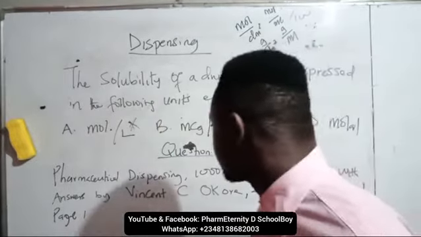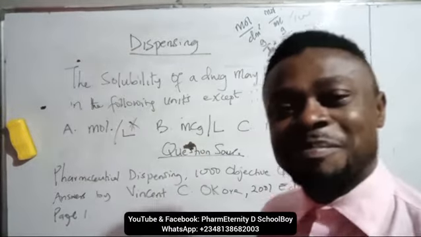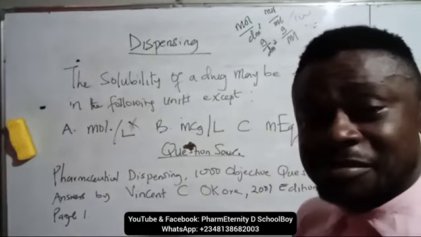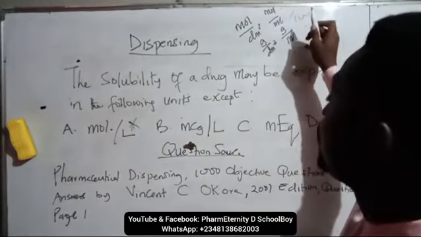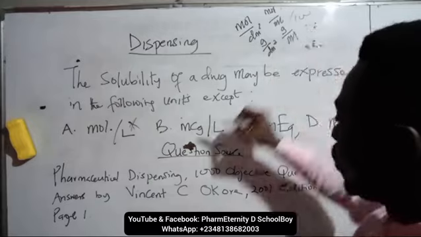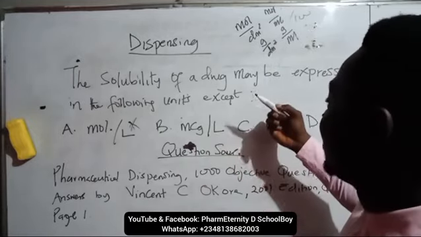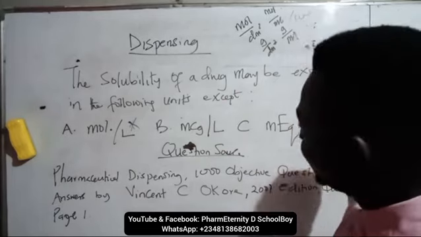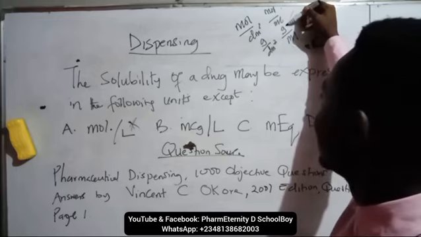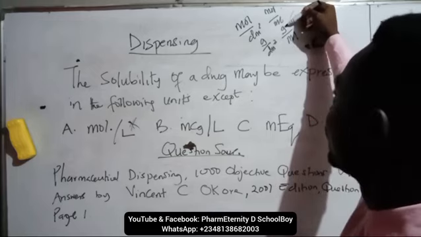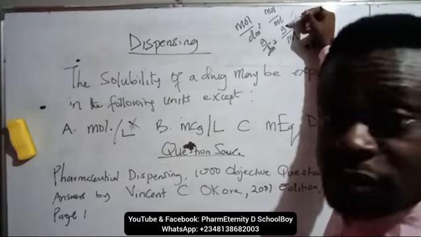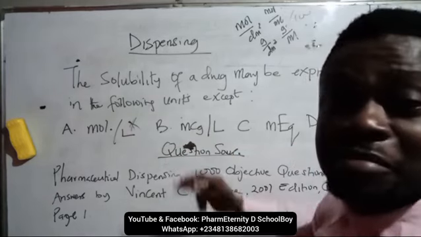Let's look at option B. Option B says microgram per liter. Yes, this is also a concentration term. Solubility can also be moved from gram per ml to microgram per liter. To achieve this, you multiply the gram by 1 million, so you are changing from gram to microgram.